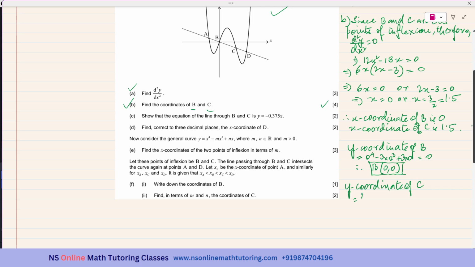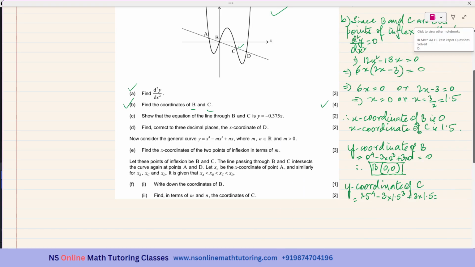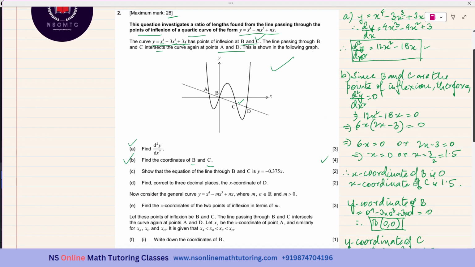So it equals 1.5 raised to the power of 4 minus 3 times 1.5 raised to the power of 3 plus 3 times 1.5. This should be a negative number because the point C is below the x-axis. I need the expression because I cannot see this part of my writing.